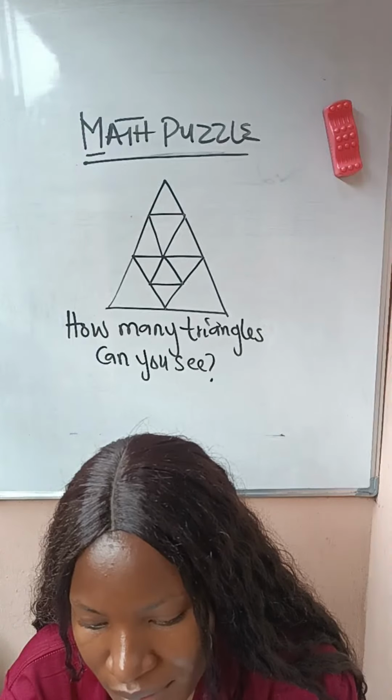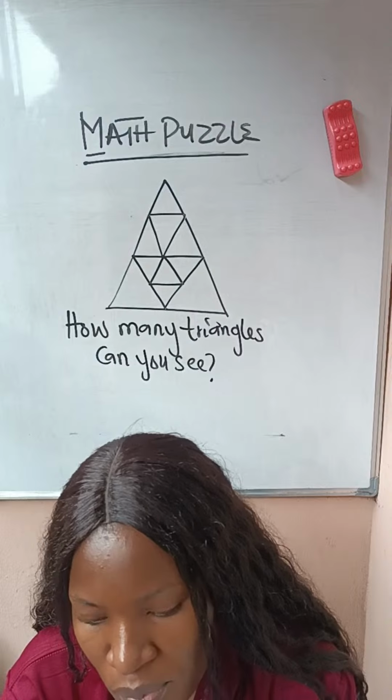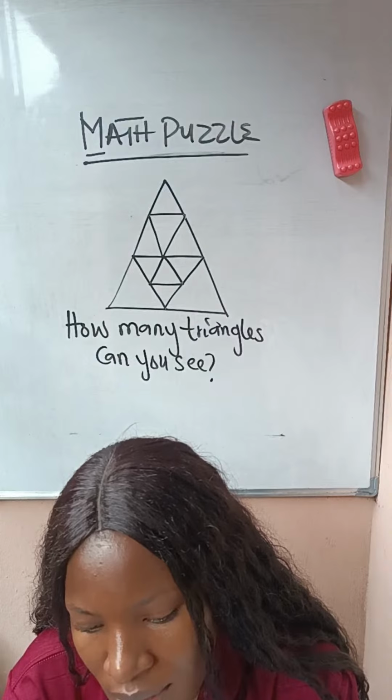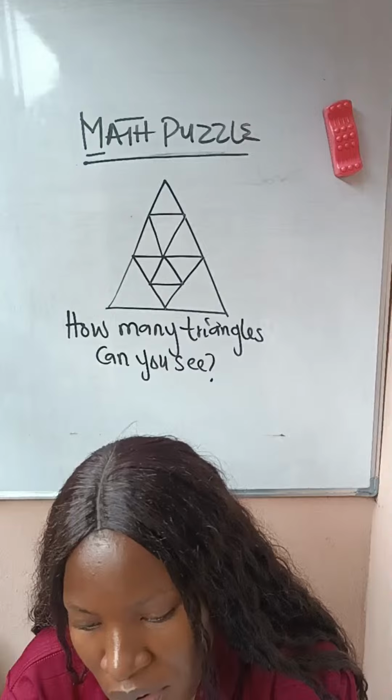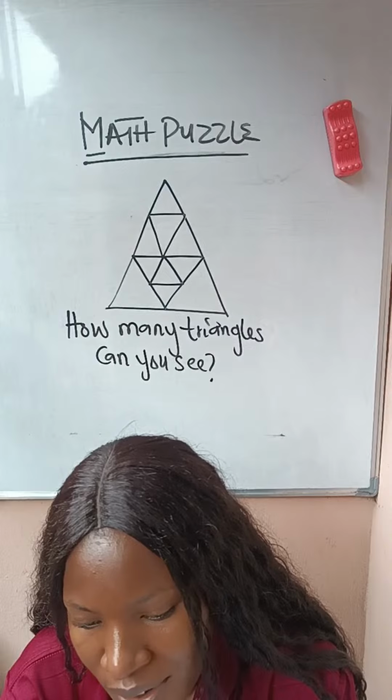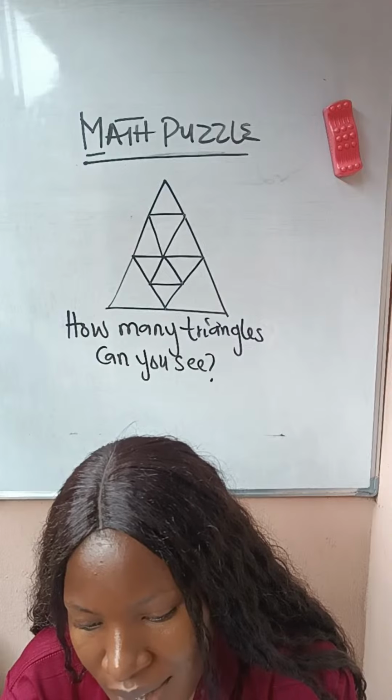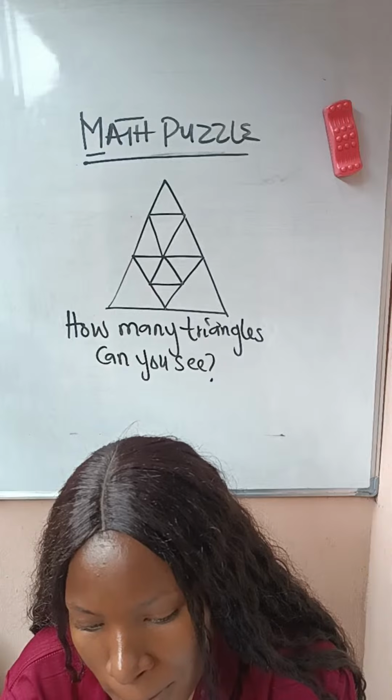Yashan says 11. We have more seconds to go. The reader says, I'm keeping my original answer of 11, okay? It's either 14 or 13. Ooh La La is saying 13. The land says 13 as well.